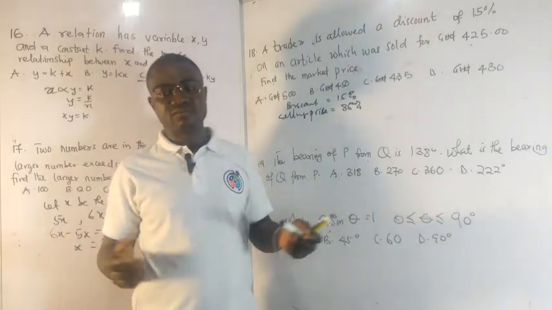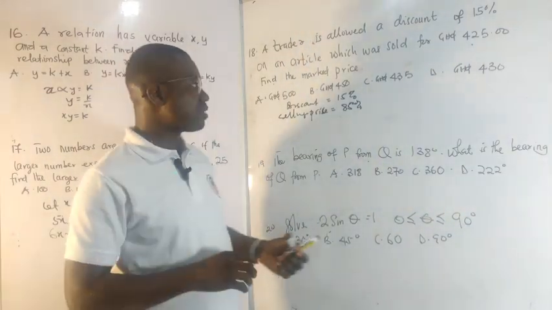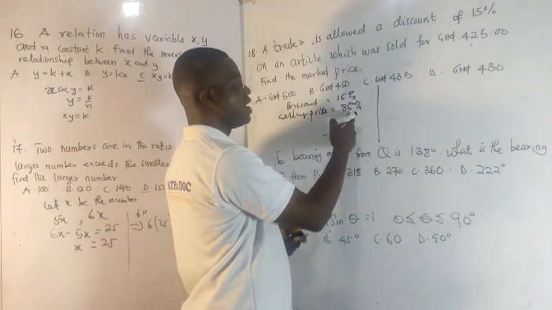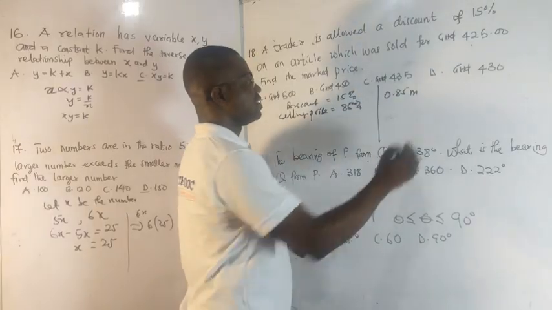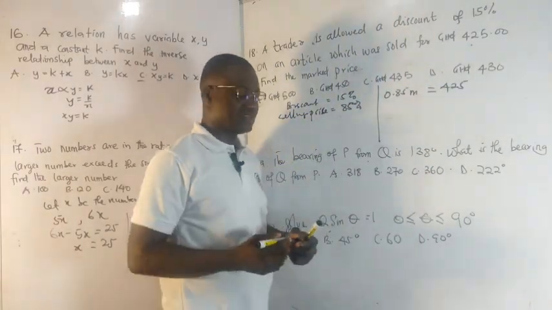Now to get the value, it means that the value of the marked price is going to be 85%, the same as 0.85 of the marked price, and it is equal to 425 Ghana cedis.